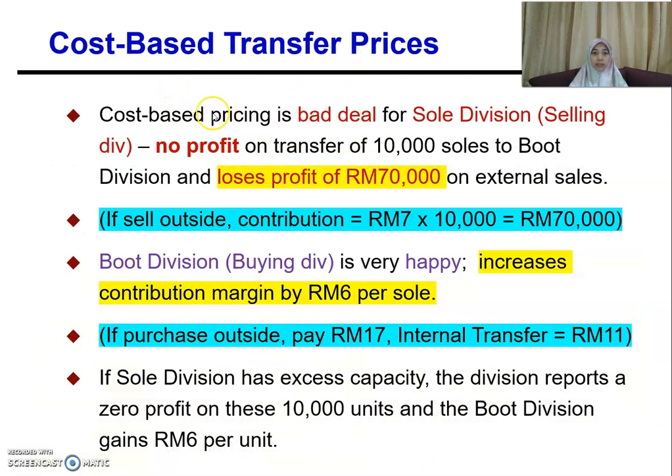So what about the cost-based transfer price? We can see that cost-based pricing is a bad deal for the sold division. The sold division is the selling division. Why? Because they are making no profit on the transfer of 10,000 units to the boot division, and they tend to lose 70,000 on their external sales.